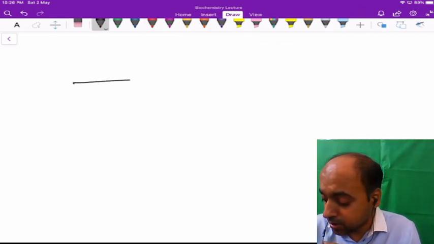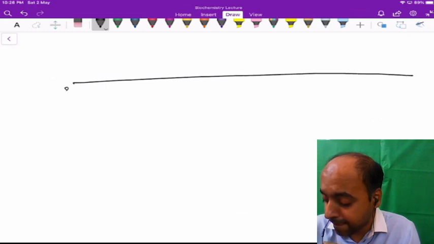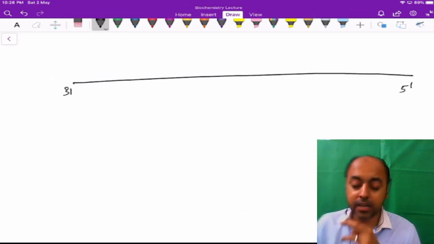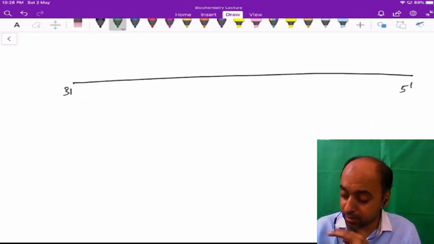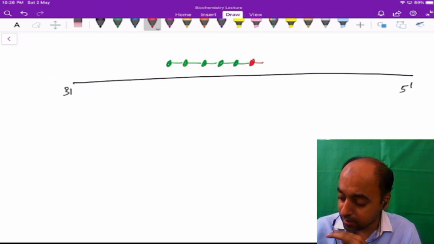So this is the lagging strand, and here we had seen the primer is there. I'll draw it like this. And beyond that the DNA is there. First the primer is synthesized and then the DNA is synthesized, but remember at the core both of them are nucleic acid.